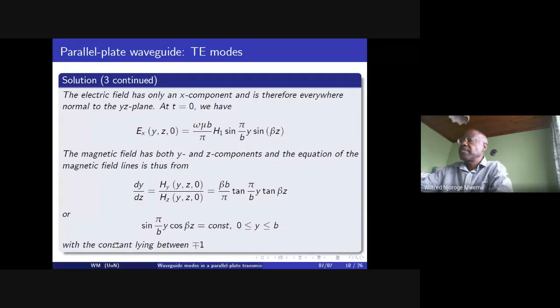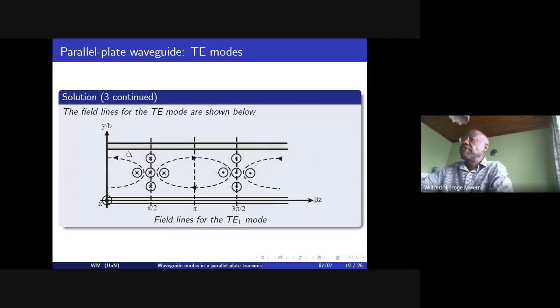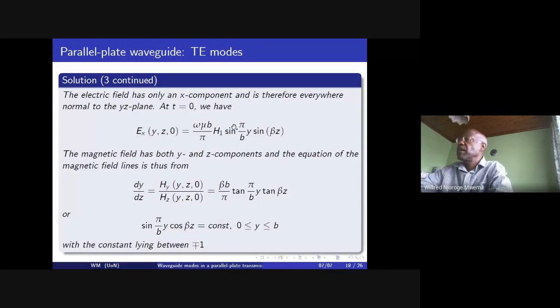And the constant will be lying between minus and plus 1. Therefore, when we draw the field lines, we'll see that the E lines are going into the page in this particular case at pi by 2, and they are coming out of the page at 3 pi by 2. And this is informed by this expression that we have here.